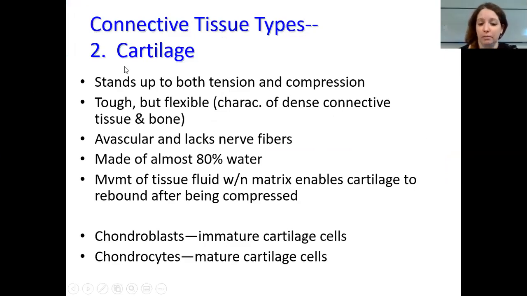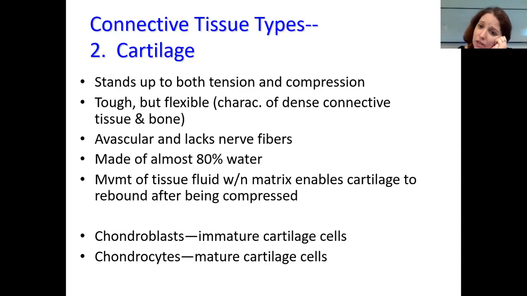Cartilage, before we get to the picture to show you the slide, cartilage stands up to both tension and compression. So it's flexible enough to not snap like a bone could. And that flexibility, it says, is a characteristic of dense connective tissue and bone. It's avascular. You can severely damage some cartilage in your body, and then it's not ever really going to heal back to 100%.